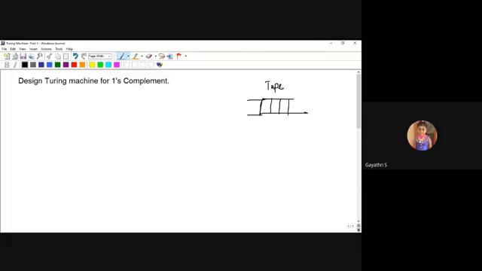If I have filled these three portions with 1, 0, 1, then the remaining portions are filled with blank symbol. So this is the actual tape movement.